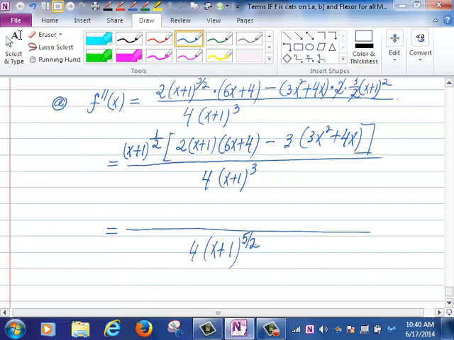Okay, inside the brackets, if I multiply out, what do I get? 6x squared, so that's 12x squared plus 6x plus 4x is 10x plus 20x, plus 4 times 2, that's 8, minus 9x squared minus 12x.